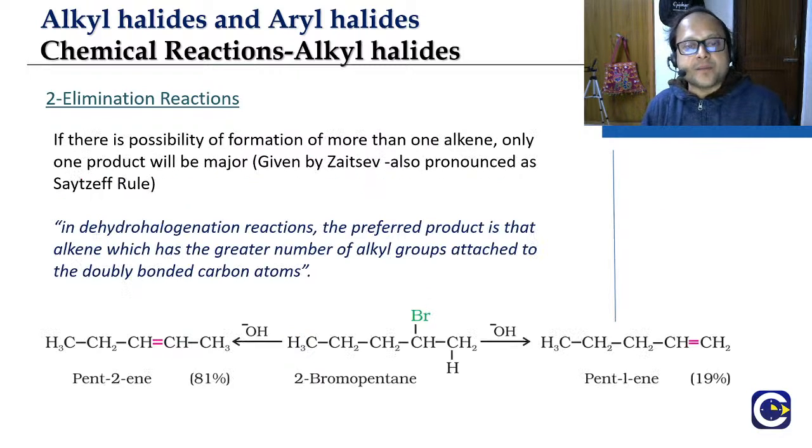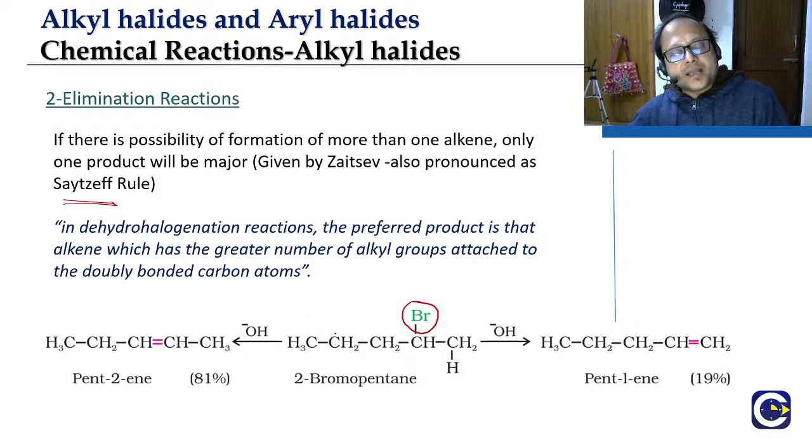So how can it be done? You can see here. So basically what happened, see, now this is your Saytzeff rule, right? So basically you are removing this bromide, and either the hydrogen on the right hand side is removed or the hydrogen on the left hand side is removed.